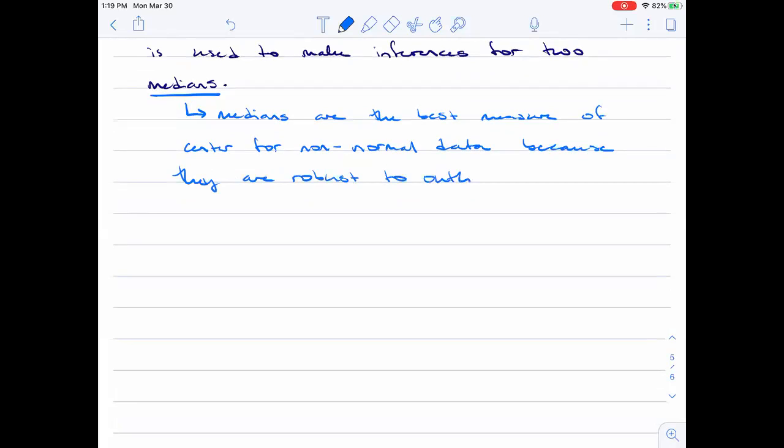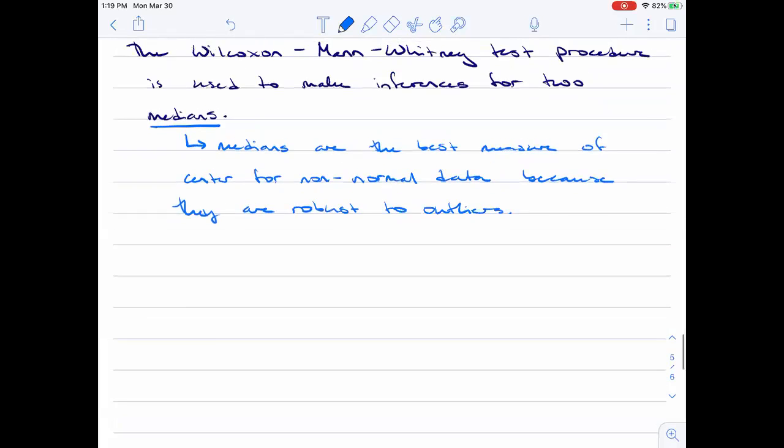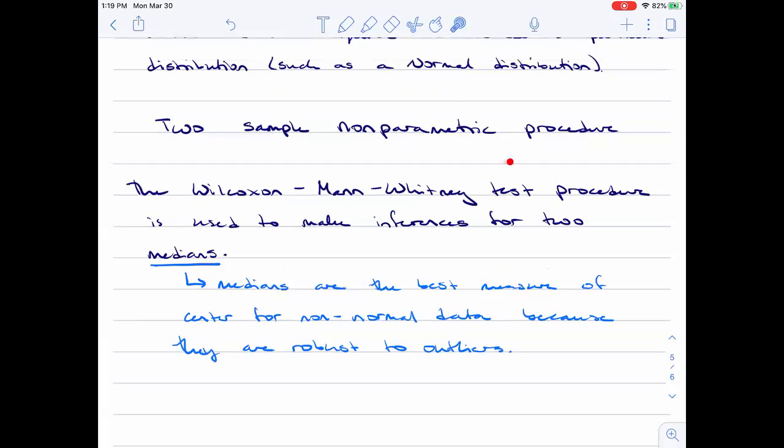These non-parametric procedures usually rely on the medians because they're more robust to outliers.